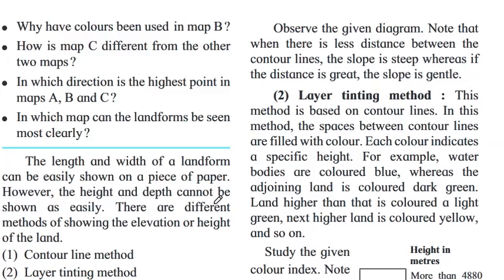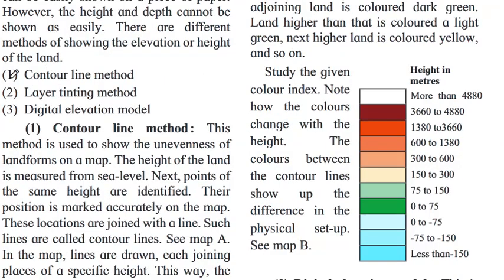There are different methods of showing the elevation or height of the land. First, contour line method; second, layer tinting method; third, digital elevation model. Contour line method.